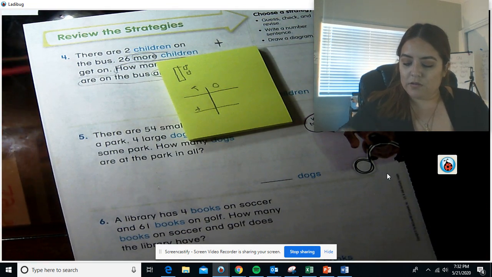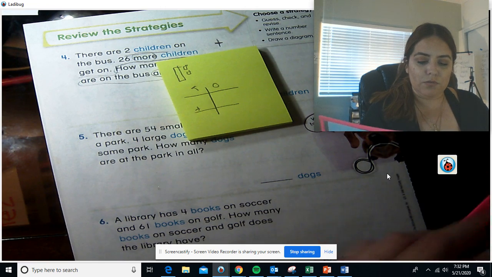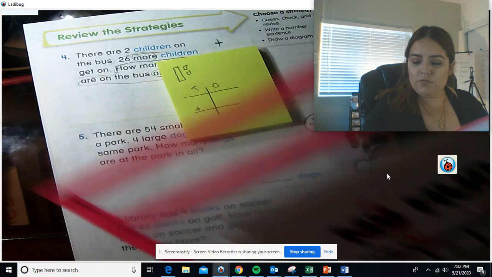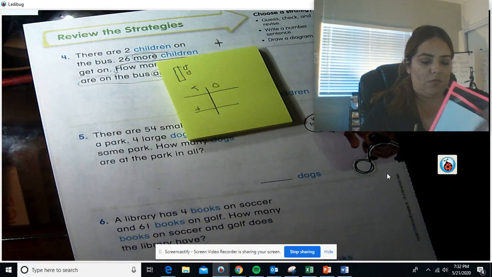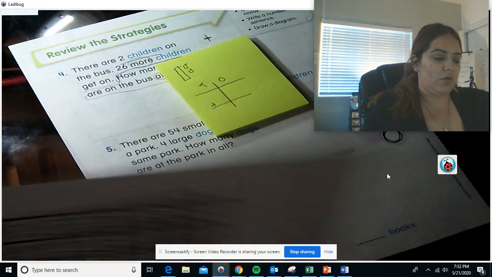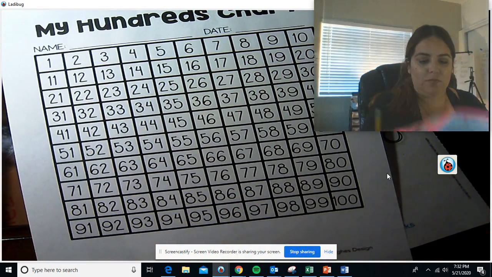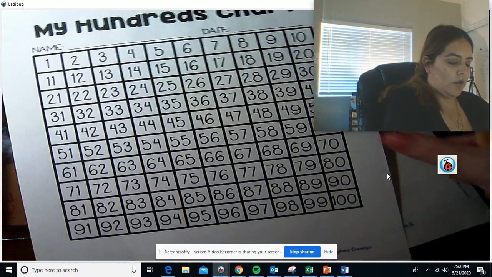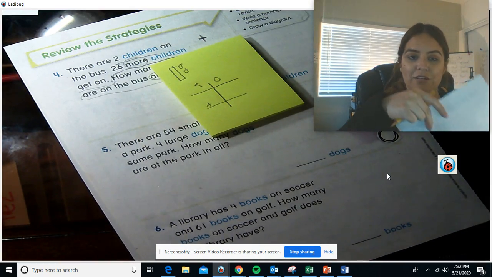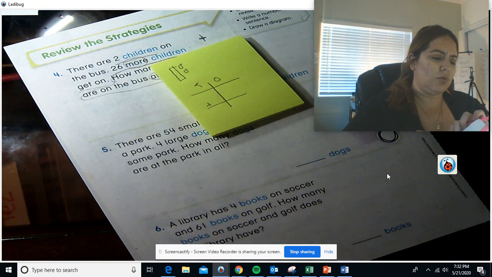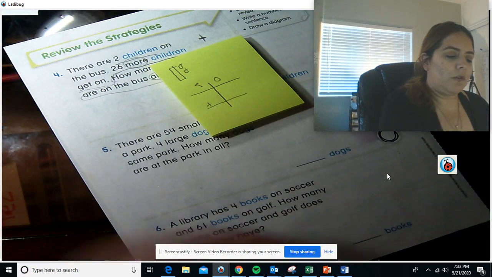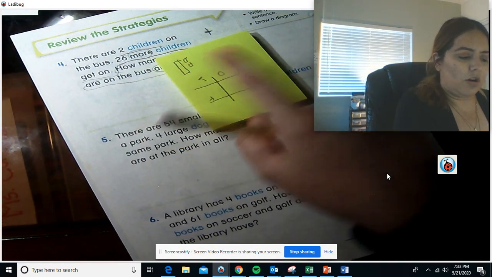Okay? So I think for this problem, we have to find all together. I'm going to use pictures. I think pictures will help me in this one.